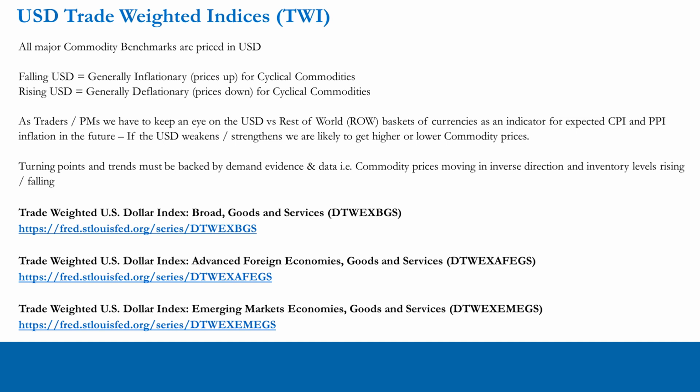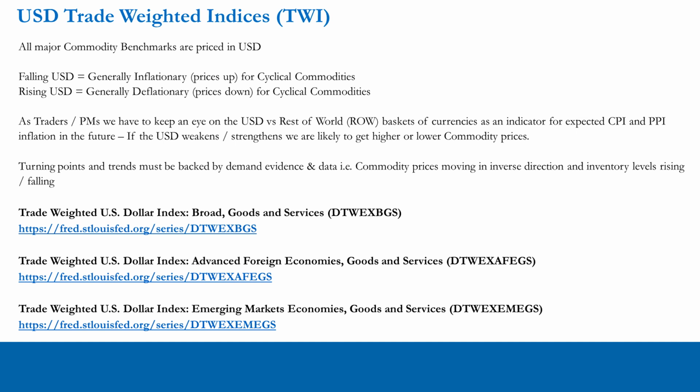As traders or PMs, we have to keep an eye on the US dollar versus a basket or baskets of rest of world currencies as an indicator for expected CPI and PPI inflation in the future. So if the US dollar weakens or strengthens, we are likely to get higher or lower commodity prices.